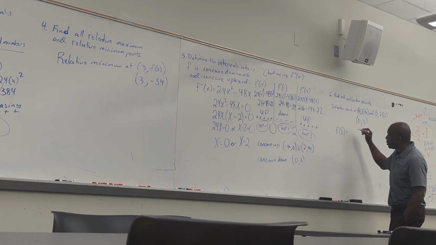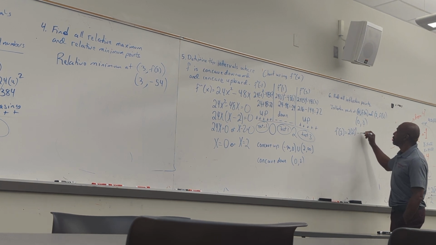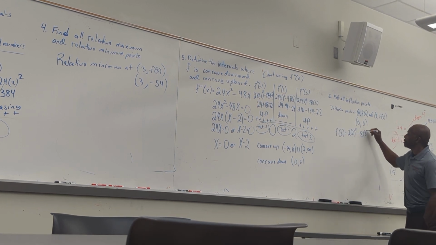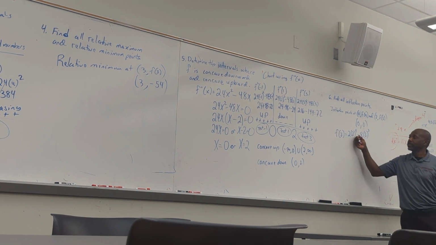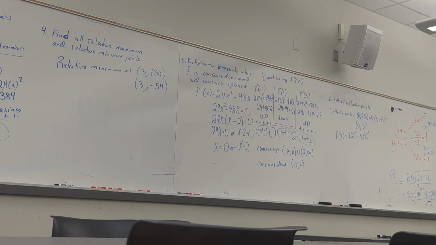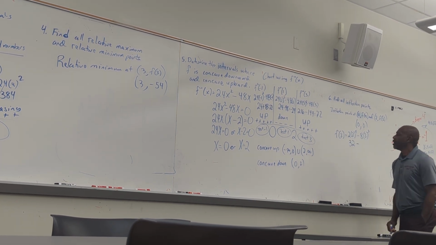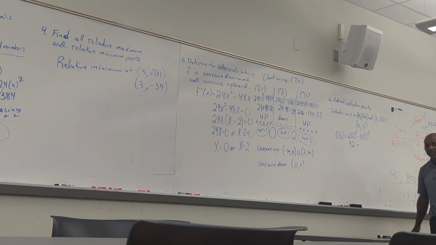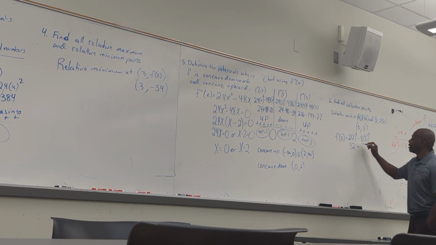8 times 2 to the power of 4, minus 8 times 2 to the power of 3. And 2 to the 4th is 16, and 2 times 16 is 32. And 2 cubed is 8, and 8 times 8 is 64.